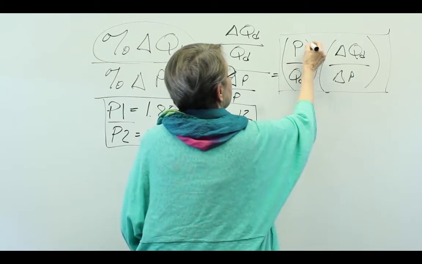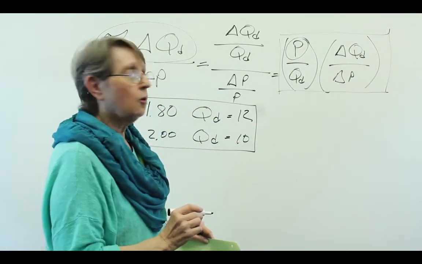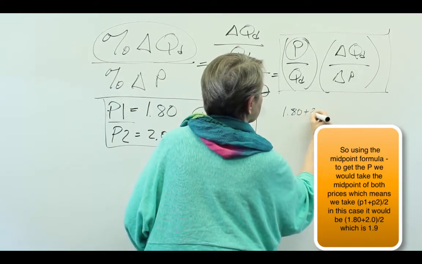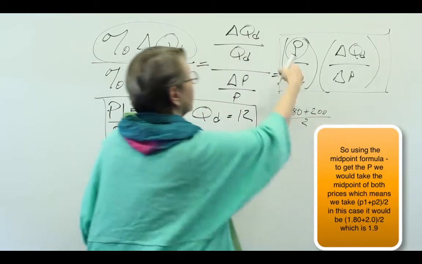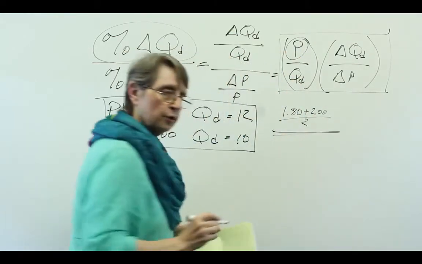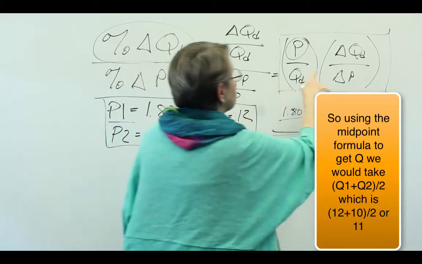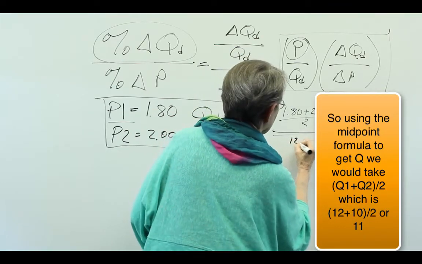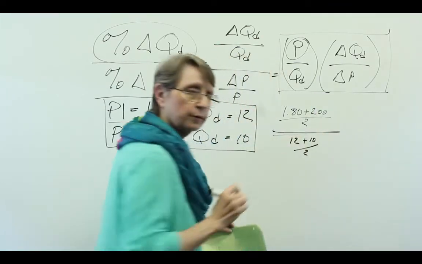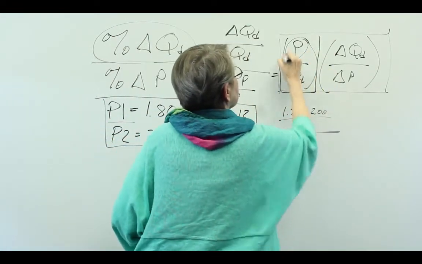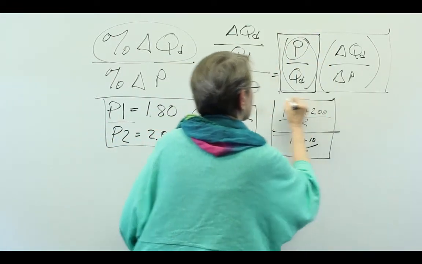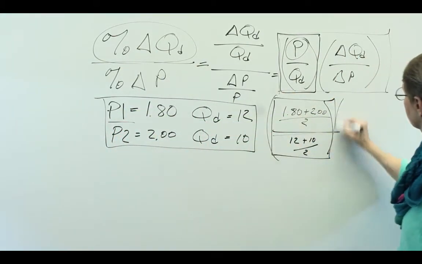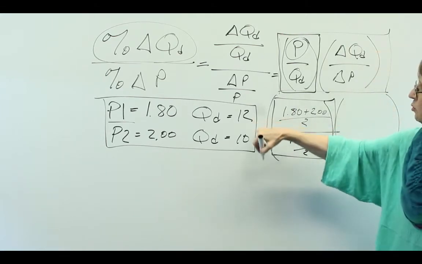And so this P becomes P1 plus P2 over 2. And so that is $1.80 plus $2 over 2. That's P. What's Q? Q is the same. It's Q1 plus Q2 over 2. So 12 plus 10 over 2. So now we've dealt with this. What's the change in quantity demanded?